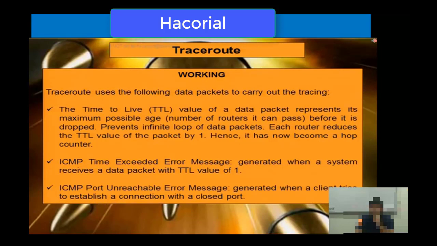When the data packet reaches the first router, the TTL value becomes 99, then 98, 97, and so on. So, any data packet that is created by any computer has an initial TTL value. And whenever that data packet reaches another computer or router or hop, the TTL value is reduced by 1. So, similarly, each time it reaches some router, the TTL value gets reduced by 1.